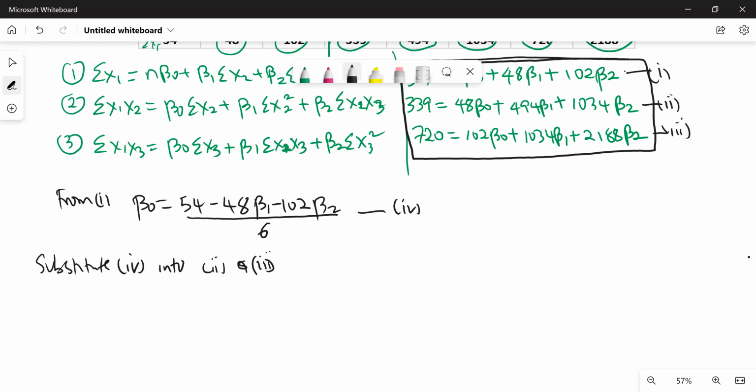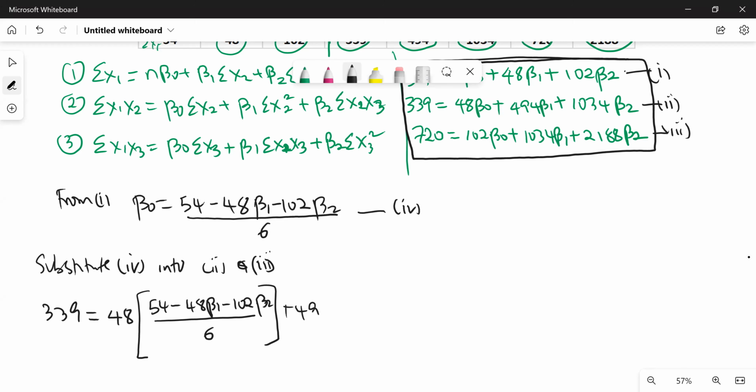So you will end up with 339 is equal to 48 times beta naught, where you write 54 minus 48 beta 1 minus 102 beta 2, divided by 6, then plus 494 beta 1 plus 1034 beta 2. Once you simplify this a bit, you will get an equation with only beta 1 and beta 2.